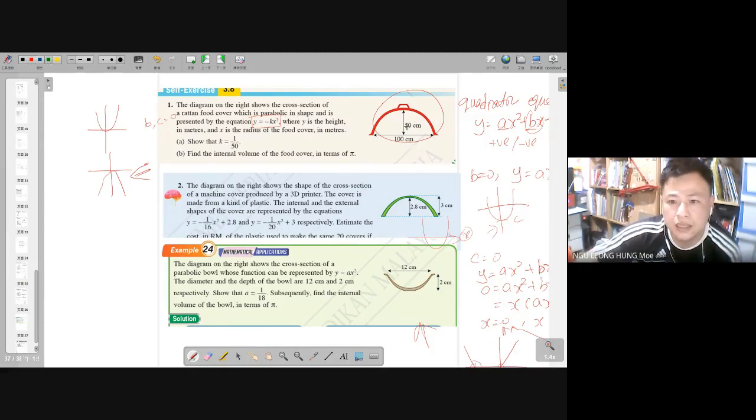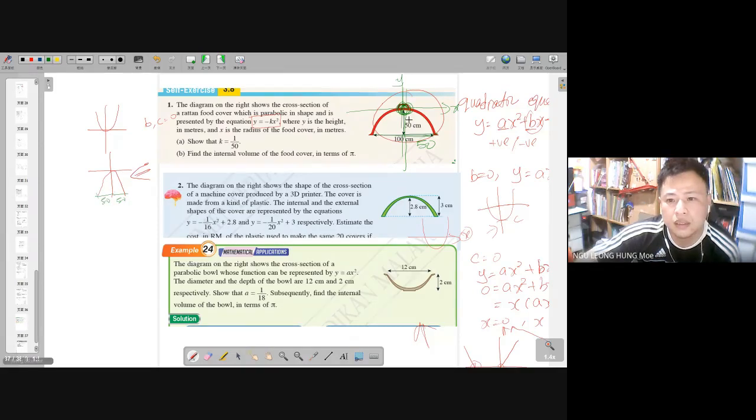so you see this is a diameter. This is the y-axis. So this is the x-axis. So this is 0. So that means this is 50. That means this is 50. This one also 50.